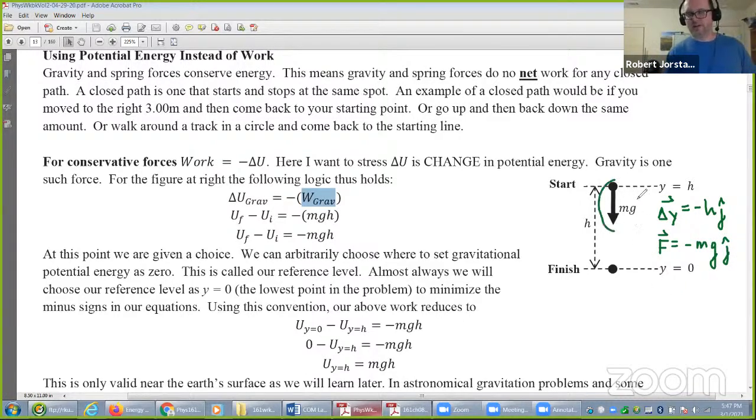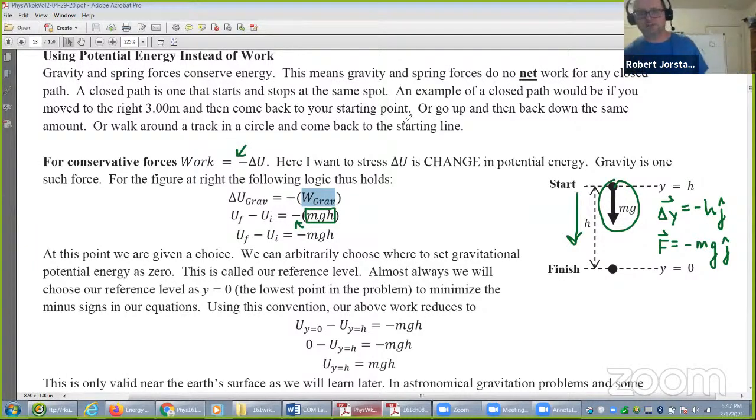The force is pointing downwards. You move downwards. We expect gravity should do positive work. Gravity should speed you up as you go downwards. Gravity slows you down on the way up, speeds you up on the way down. So that's why inside of here, the work done is positive. This minus sign out front is from the definition. It's from this definition right here.